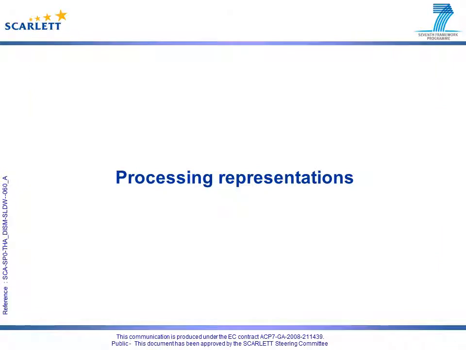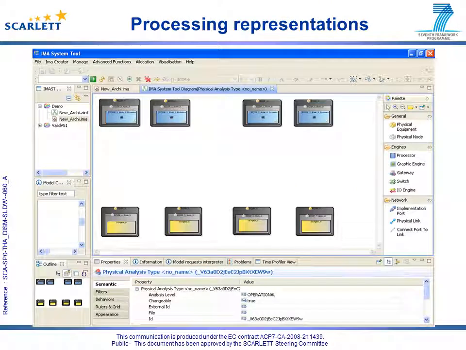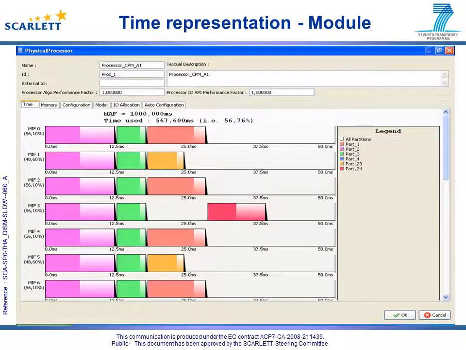Let's have a deeper look at processing representation. From the architecture view, let's select the first CPM and click on the processor icon. We will access the processing views for memory and time resource validation. This is the time representation view for a given processor.